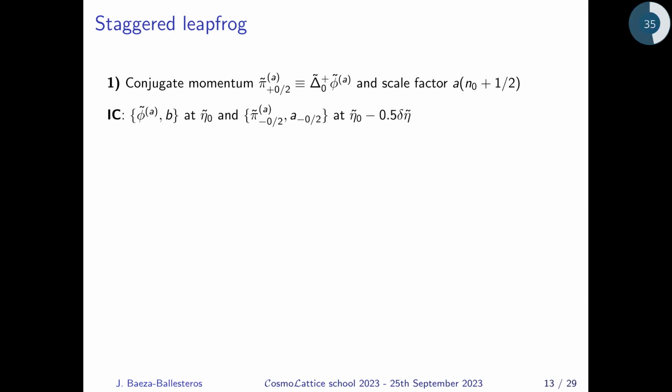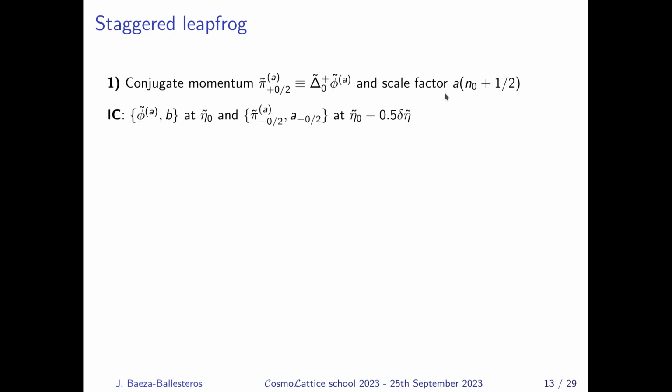The initial conditions that we need to solve the equations of motion are the scalar field and the time derivative of the scale factor defined at our initial time, and then the conjugate momentum and the scale factor itself defined not at the initial time, but half a step before the initial time, because we are going to evolve our equations doing these half steps.